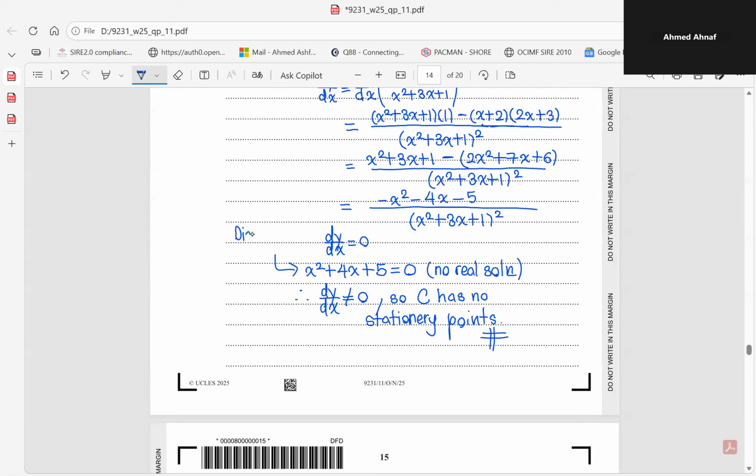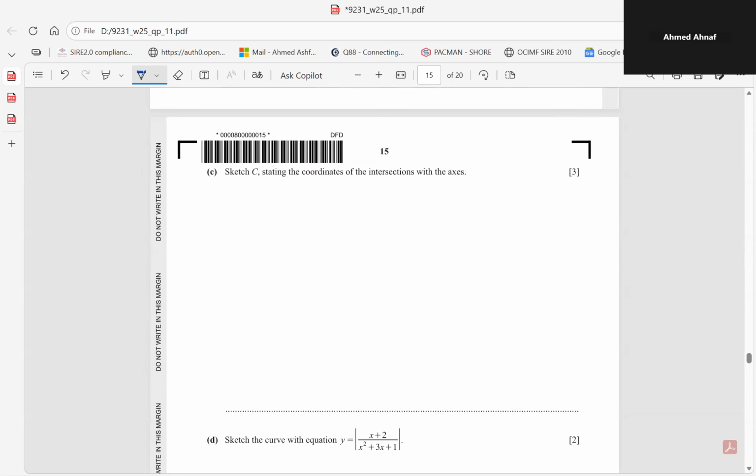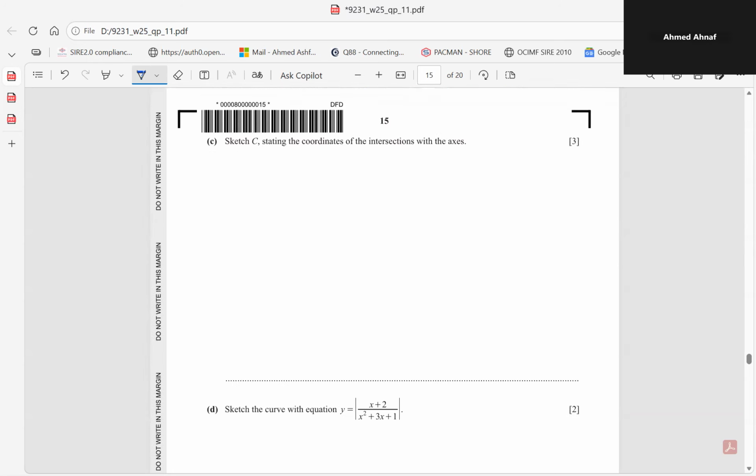The discriminant is just b squared minus 4ac. So b squared is 4 squared, minus 4 times a, which is 1, times c, which is 5. So that is less than 0. Therefore, there's no real solution. Okay, so let's move on to part C.